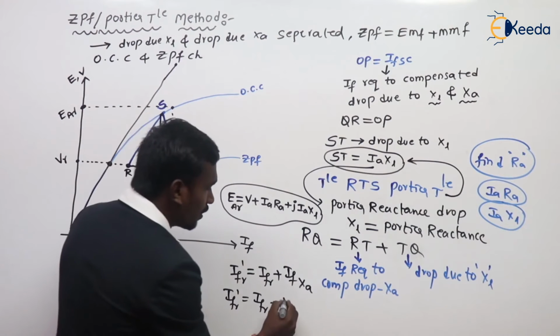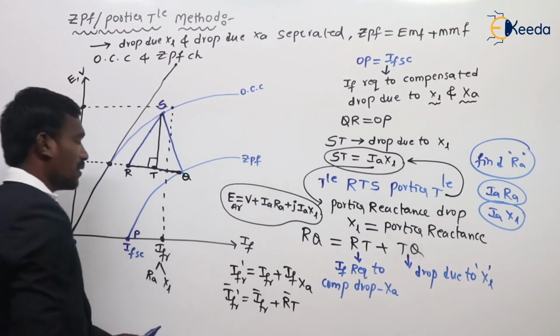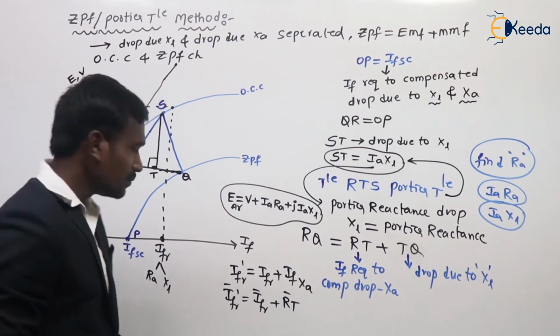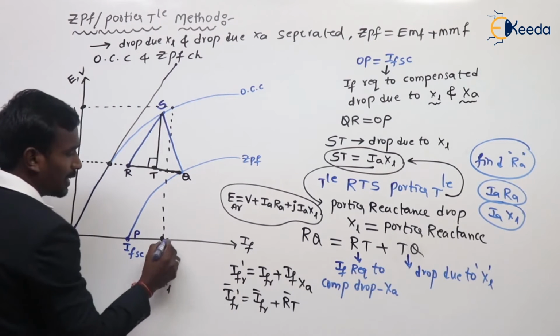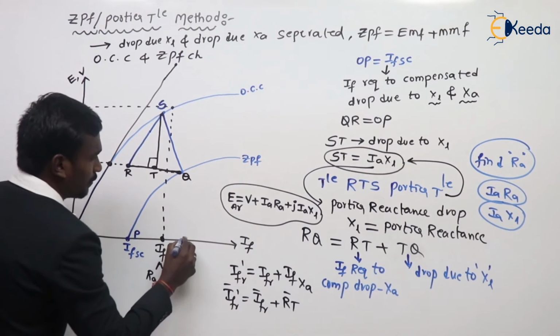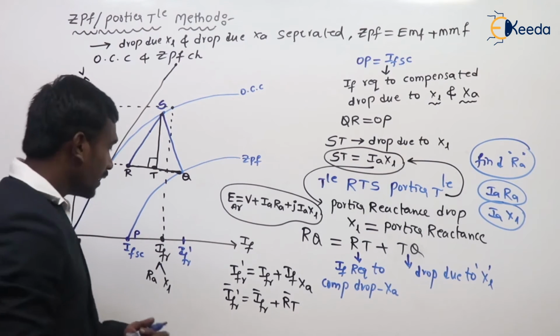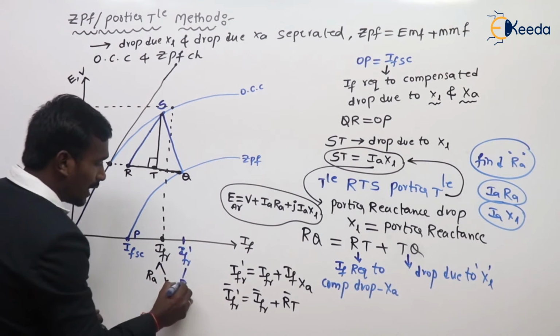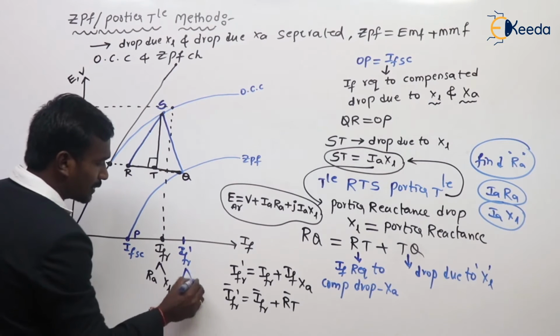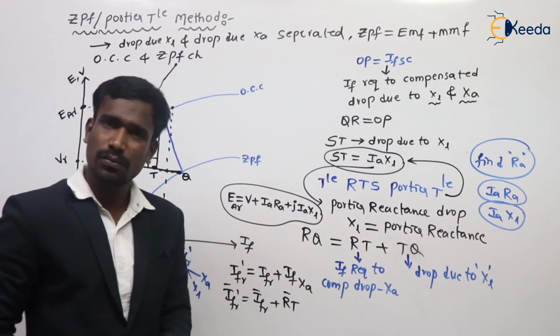So we have to find IFR dash. Tell me, where is my IFR dash? This is somewhat increased. But for example, this is my IFR dash. In this IFR dash, we have the RA drop, the XL drop, and the XA drop, all the drops.